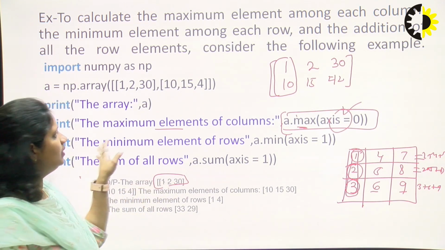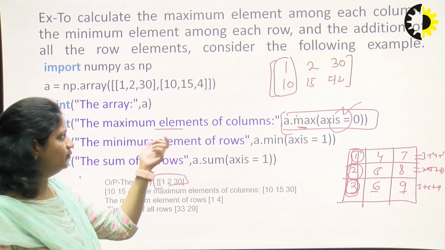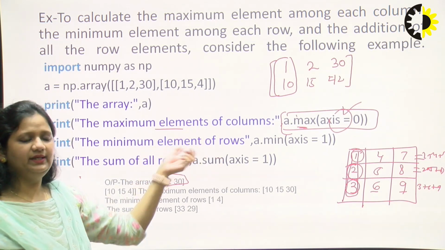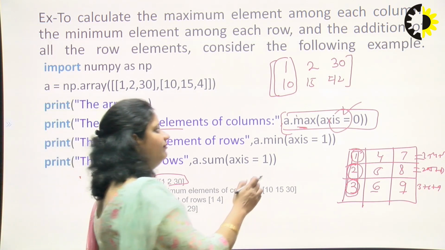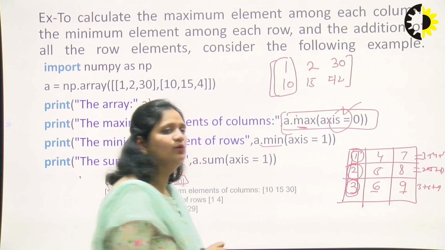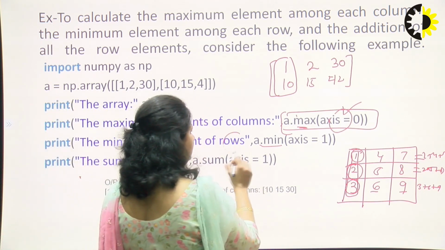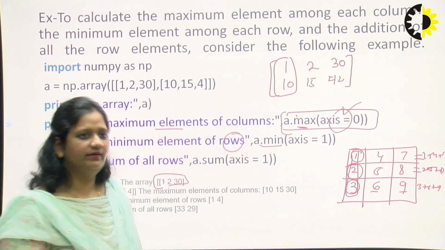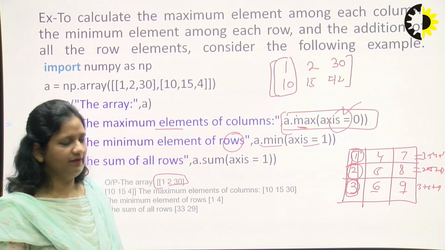Next statement, the minimum element of each row. Now we are going to find the minimum element of the row. For finding the minimum element, we use the min method, and for rows, we use axis equal to 1.